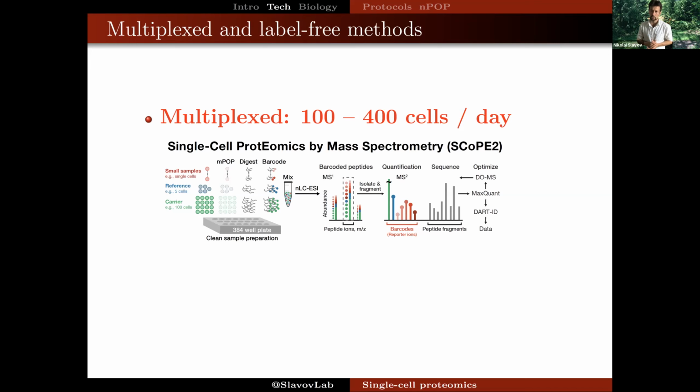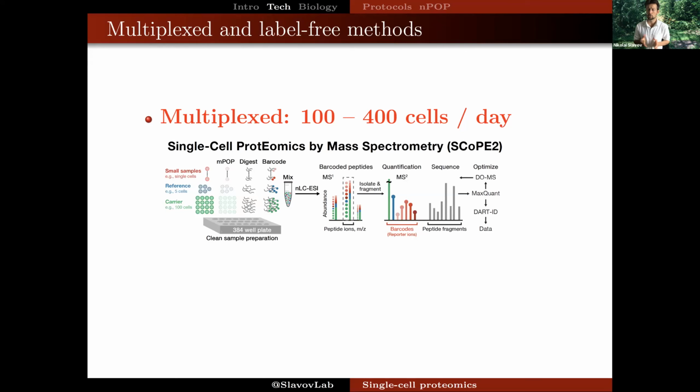And I'll tell you today about some improvements in that preparation by a graduate student in my group, Andrew Leduc, whom I can actually see here, and that was funded and supported by CZI. But a common instantiation of this preparation is to simply sort the single cells using a FACS sorter, very much in the same manner that one would do this with RNA sequencing. Then the proteins are digested to peptides, and the peptides barcoded. The barcoded peptides then can be pooled together and analyzed by mass spectrometry.